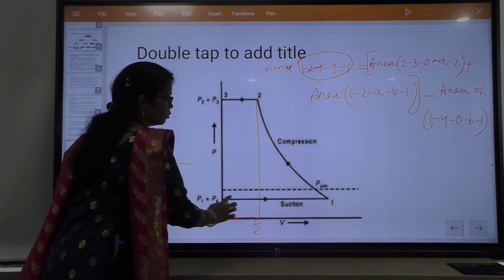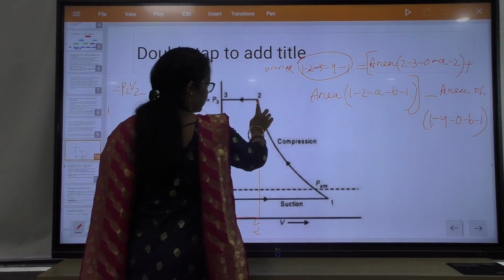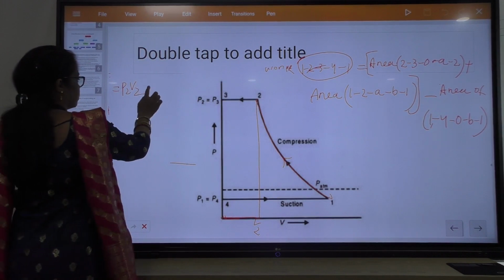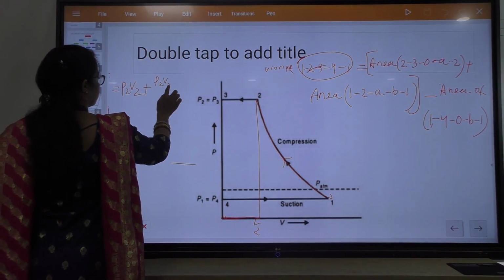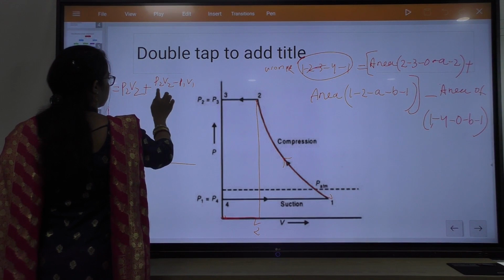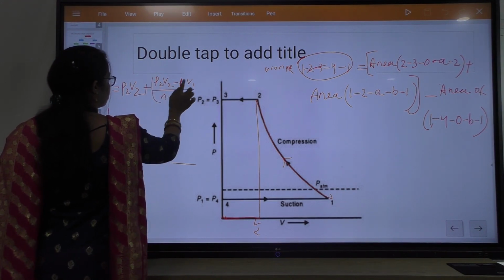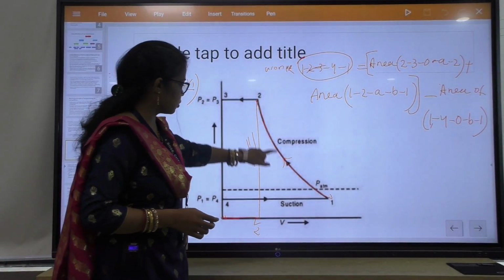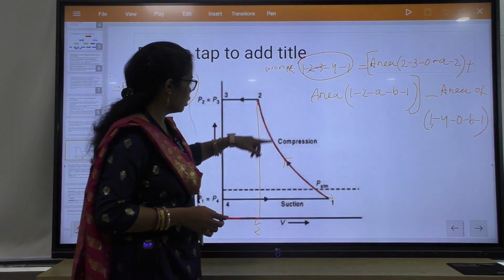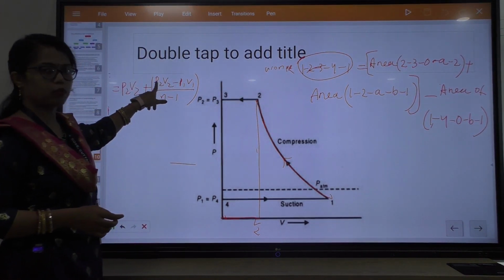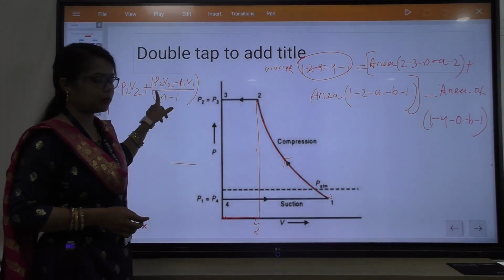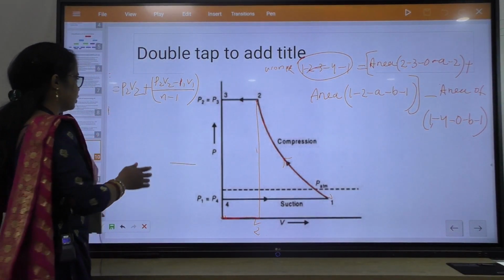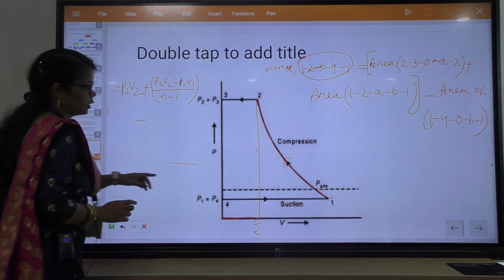P2 into V2, and then the area under this curve, the polytropic compression process. That means P2 V2 minus P1 V1 divided by n minus 1. You know the work done for the polytropic compression process. It is the compression process from 1 to 2, P1 to P2, that is why the work done formula is P2 V2 minus P1 V1 divided by n minus 1, which is derived from the integration of PdV.